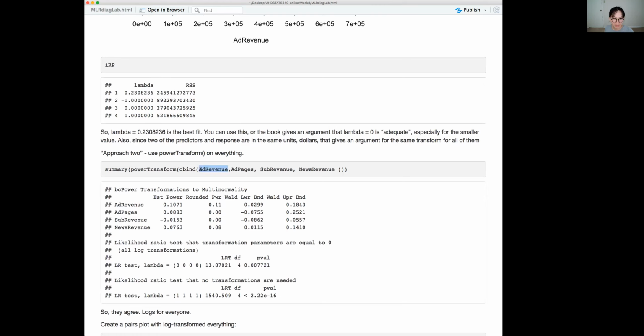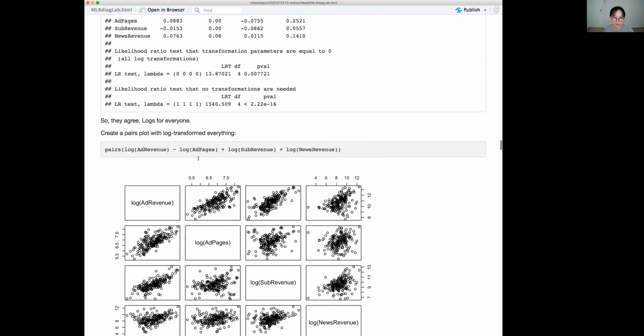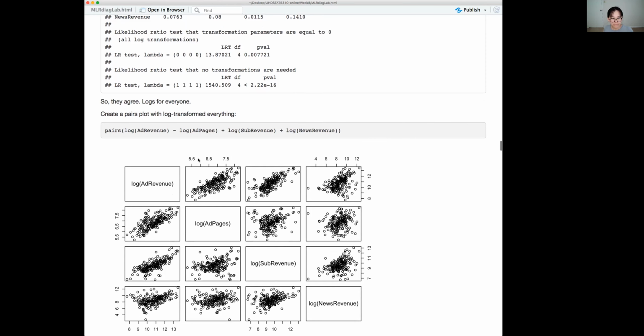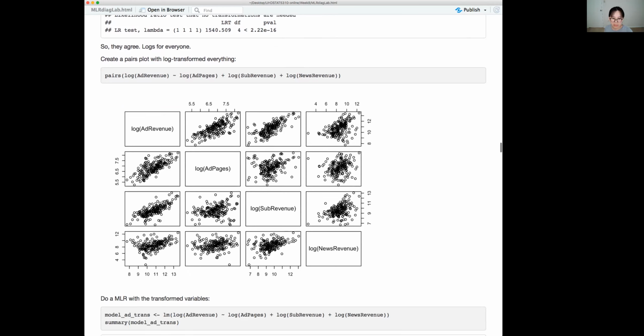Look here, I added this y variable to the powerTransform, and it gave us estimates that are all close to 0, so it agrees with approach 1. Let's use the pairs function to do a scatter matrix plot. Right now it looks much better.